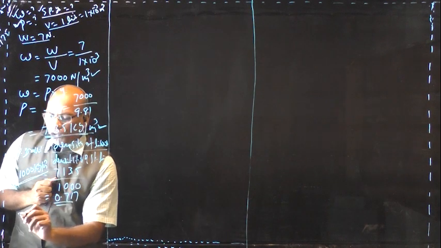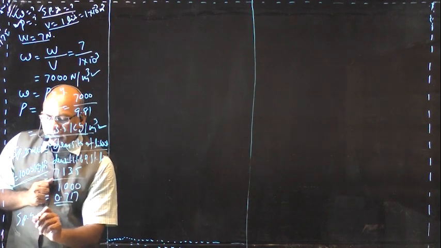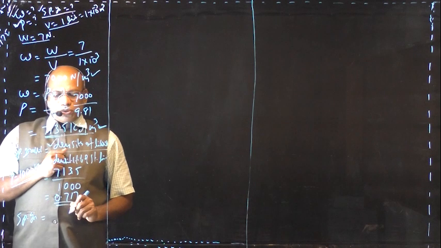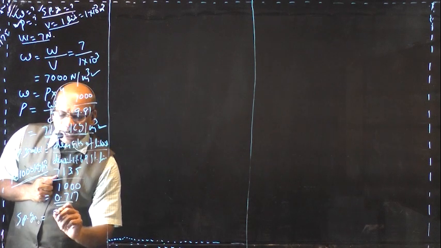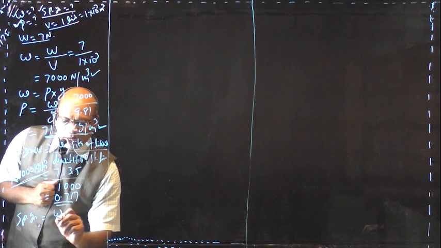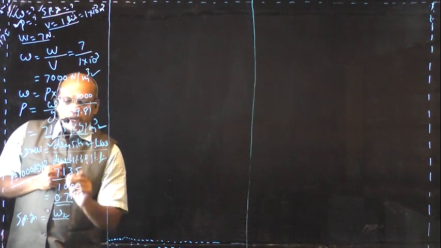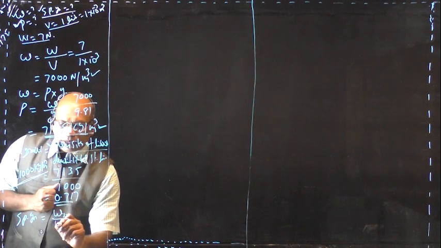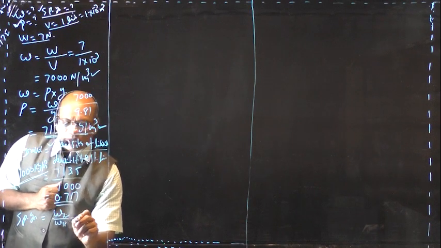Right? This is one formula for the determination of specific gravity, and one more formula: specific gravity is equal to unit weight of liquid divided by unit weight of standard liquid.